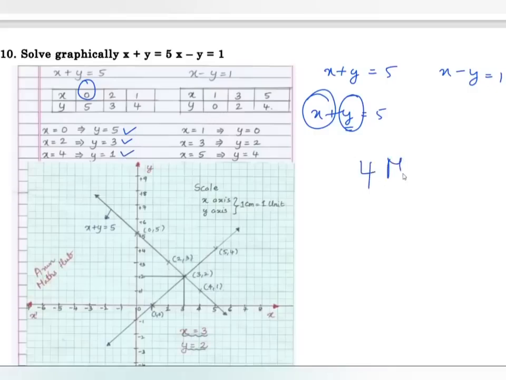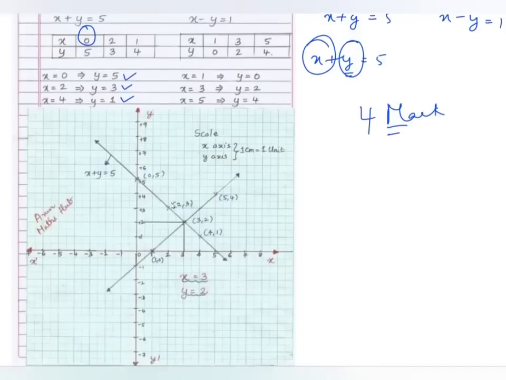Very important 4-mark question, definite question. To verify your answer, you can use the elimination method, and whatever answer you get graphically should be the same as the answer you get by the elimination method.